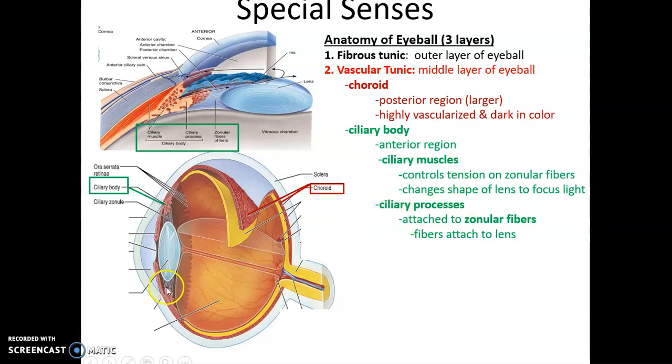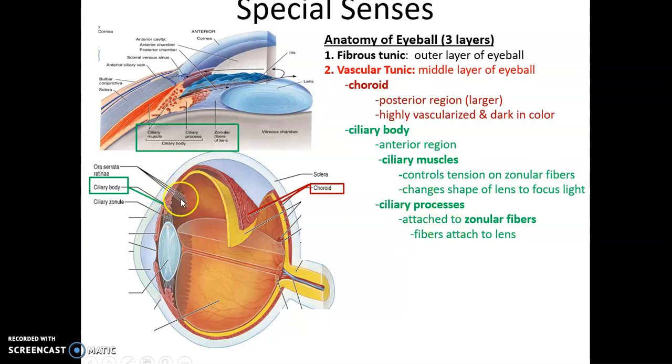So there are these fibers that stretch from the ciliary muscles to the lens. And by muscular contractions, it can lead to the lens changing shape to focus light. And then ciliary processes are microscopic structures on the lens that help to attach the fibers to the lens directly.